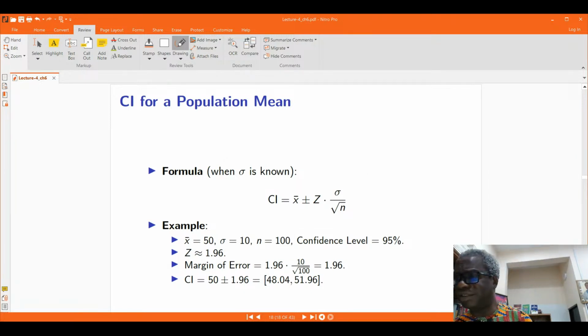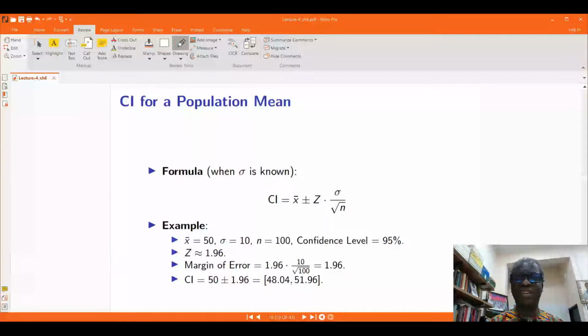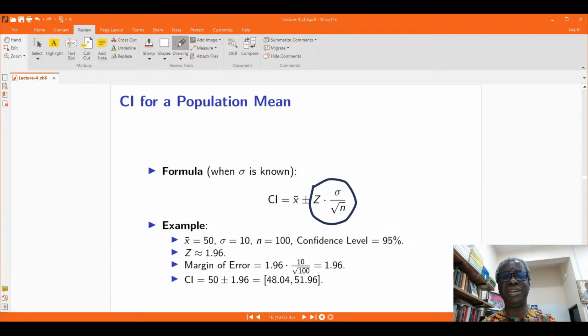So let's take examples. We have a confidence interval for a population mean. So the margin of error is computed using this expression. You know how to obtain the estimate: the sample mean is used to estimate the population mean. So X bar is the estimate. But this expression Z is the Z score, and you remember in the last lecture we talked about the standard score.